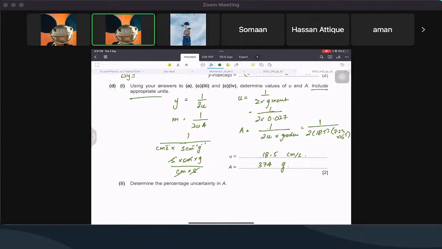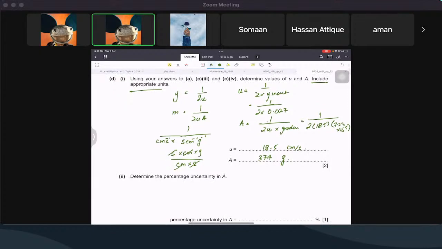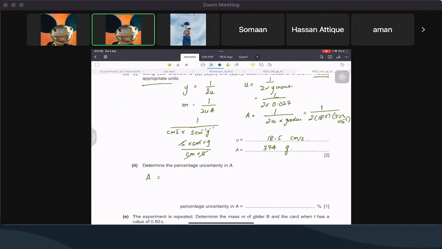So if I understand clearly, we have to find A, and A was basically 1 upon 2UM. Please understand this is very important. U was 2 over the y-intercept, so I replace U with 2 over the y-intercept.